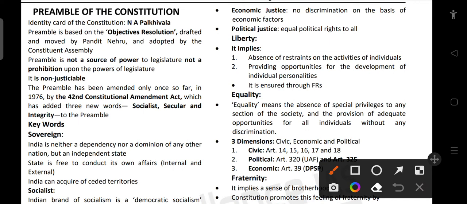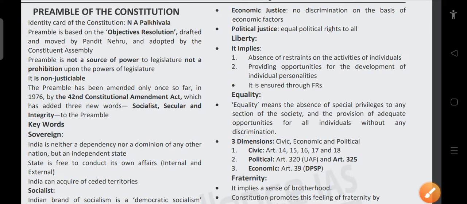And the next term is equality. Equality means the absence of special privilege to any section of the society. Everyone is treated equal, with adequate opportunity for all individuals without discrimination, and everyone will be given equal opportunity to uplift their life.